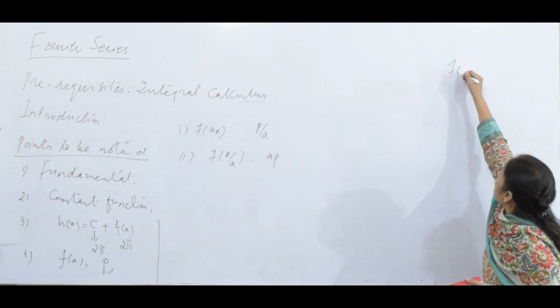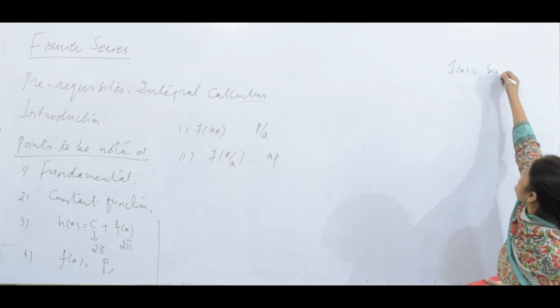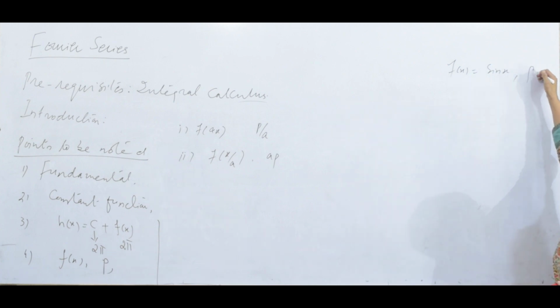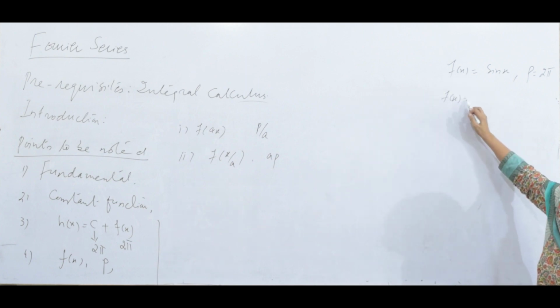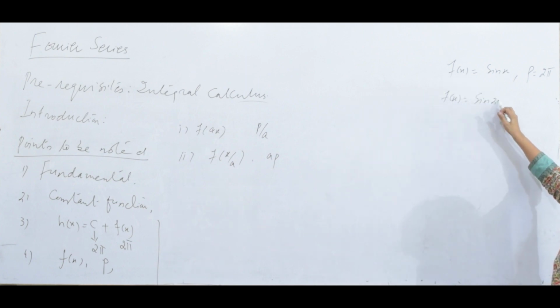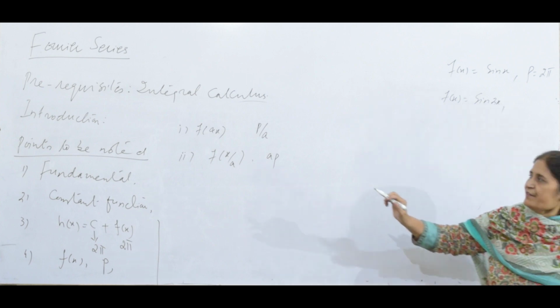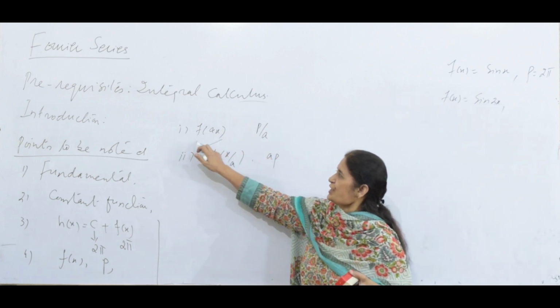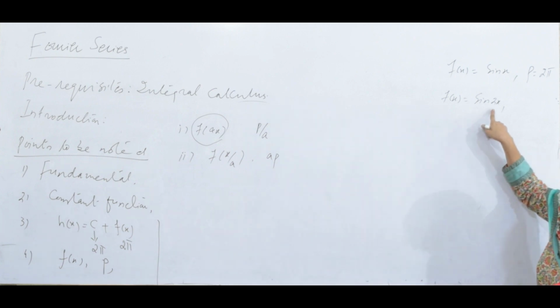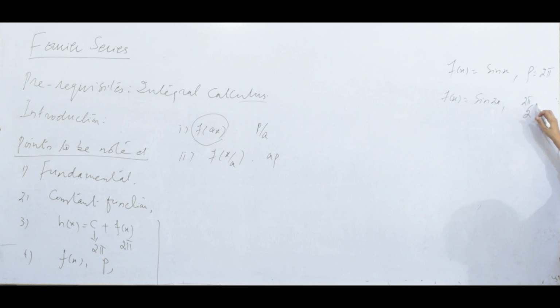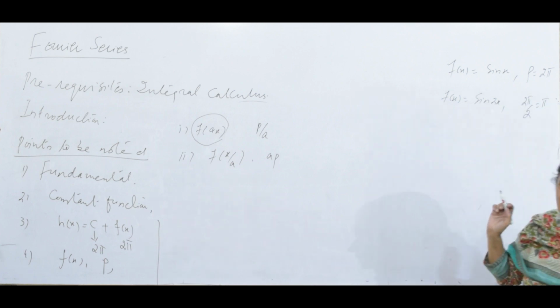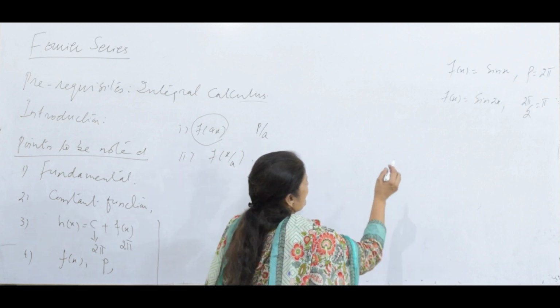Let me again take f of x equals sin x. The period is the smallest, I am talking about 2 pi. Now I am taking f of x equals sin 2x. According to the definition, the period must be p by a, meaning 2 pi by 2, which is pi. So sin 2x must have period pi.